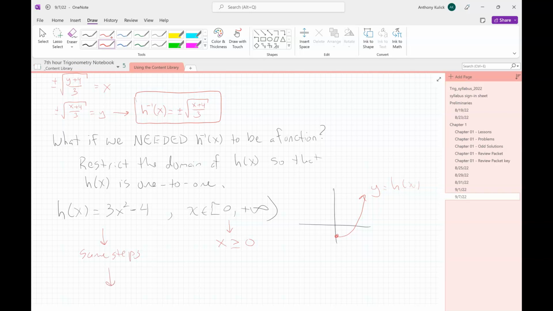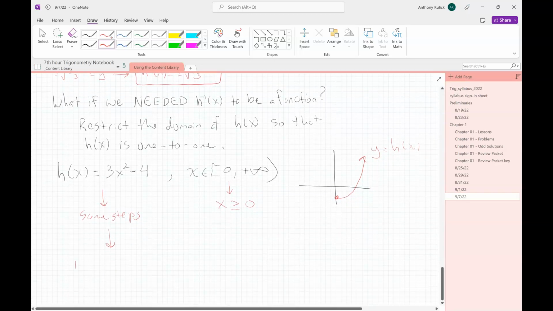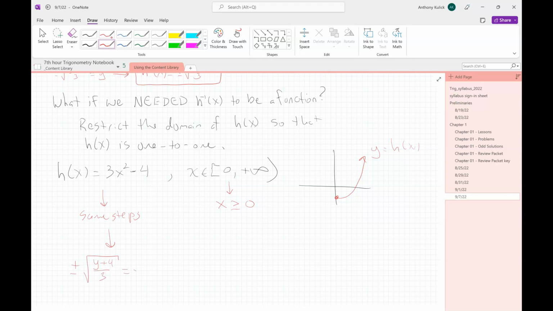So if I do the same steps as above, I'm going to end up with plus or minus the square root of y plus 4 over 3 is equal to x. Right? But I know x has got to be greater than or equal to 0.